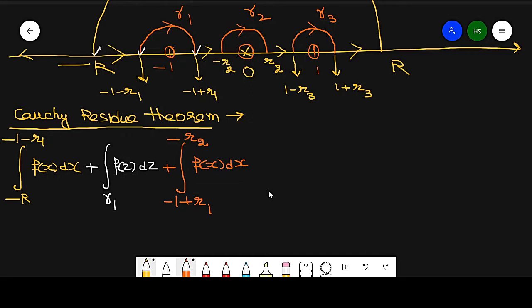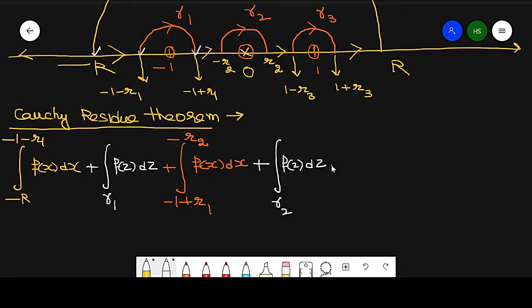Now this is again plus integration over gamma 2 of f(z) dz.